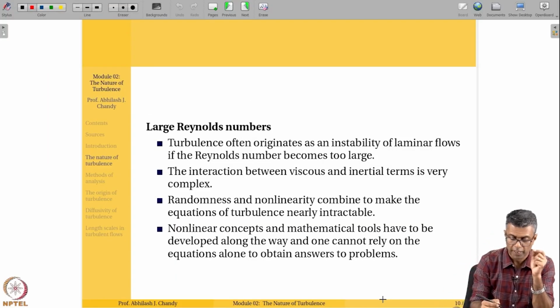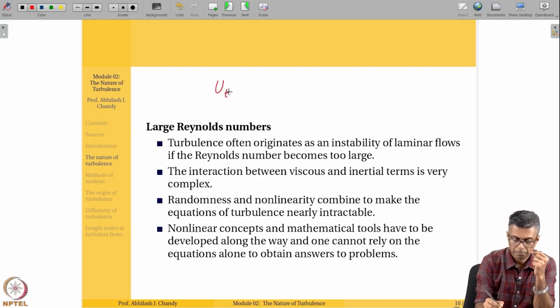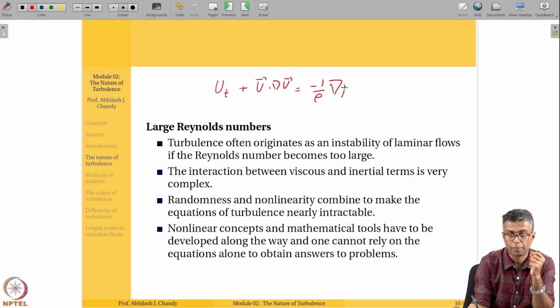So I want to talk about that, and if I look at the Navier-Stokes equations, I have u_t plus (u dot del) u, which is a vector here, equals minus 1 over rho del p plus nu del squared u.